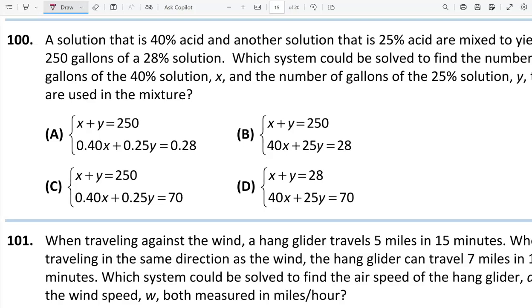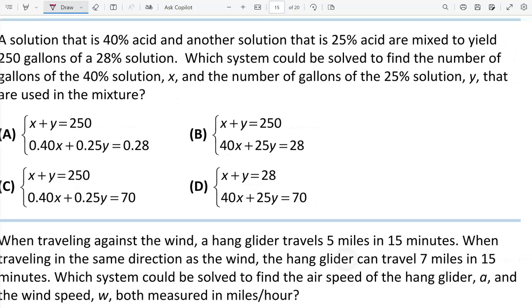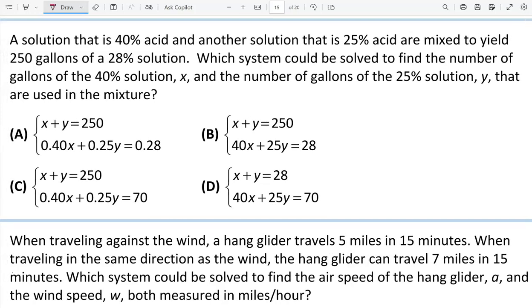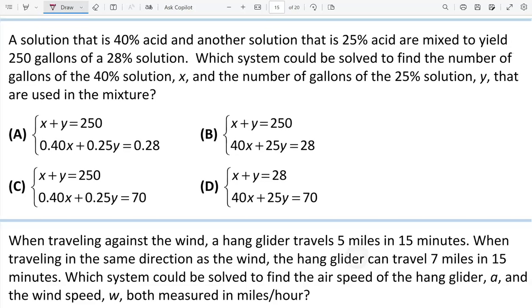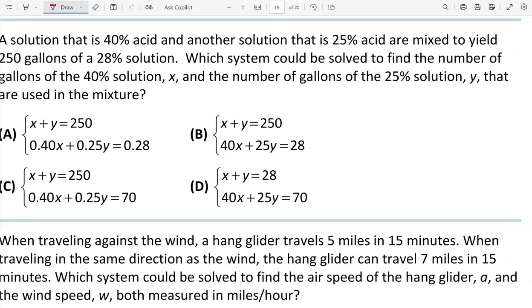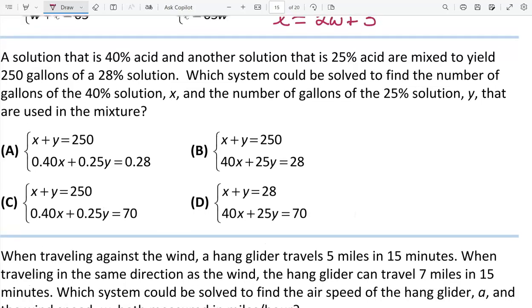For 100, we have a mixture problem. A solution that is 40% acid and another solution that is 25% acid are mixed together to yield 250 gallons of a 28% solution. So we're looking for the system of equations to solve this mixture problem. So let's set up a chart.